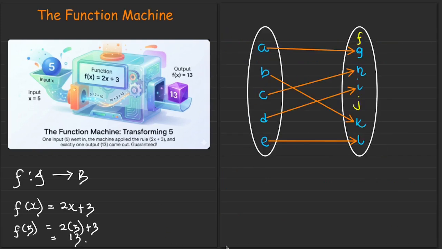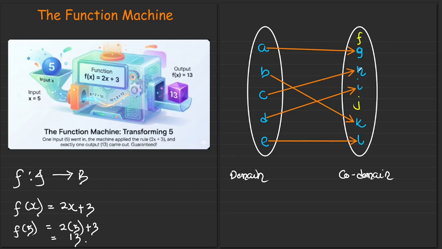So if we look at what we have over here, for our domain, all of this here is part of the domain. That is to say, A is in the domain, B is in the domain, C, D, and E as well. They are all in the domain. On the other hand, we have our codomain. Everything here in this set is in the codomain.